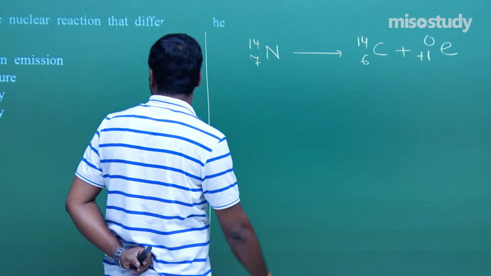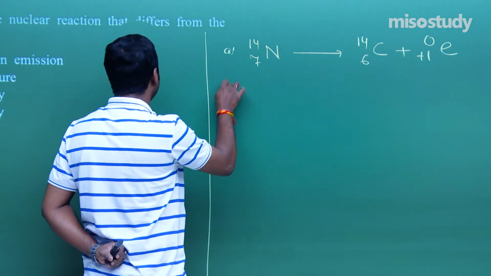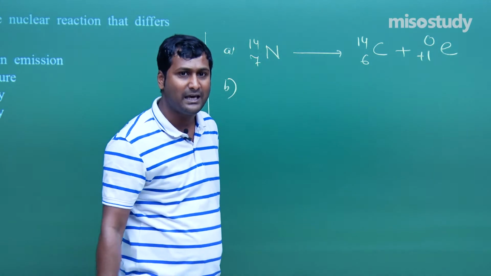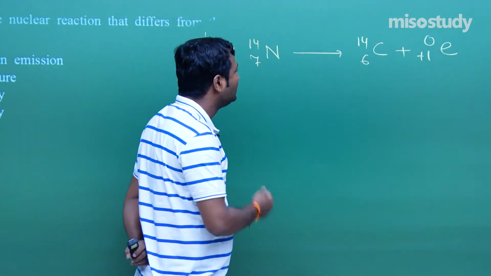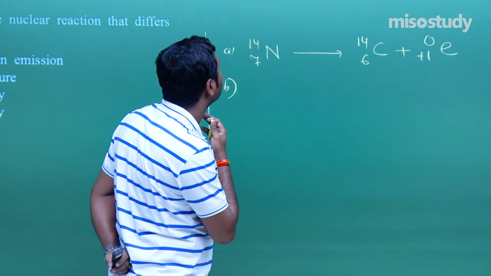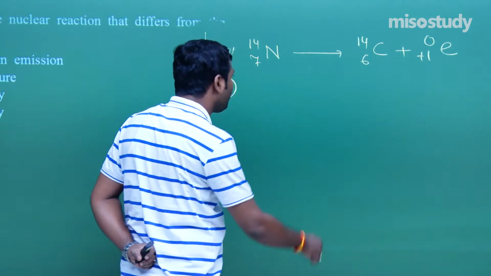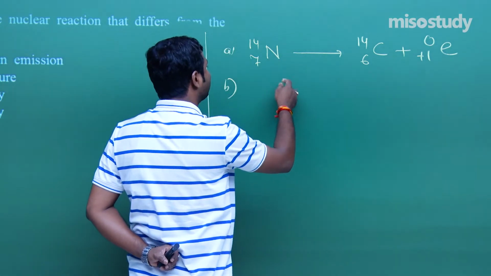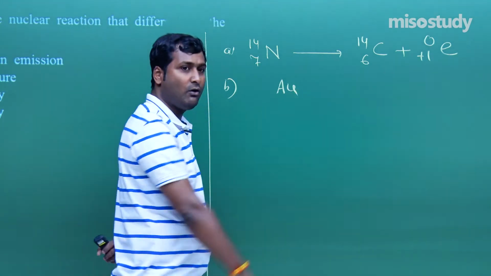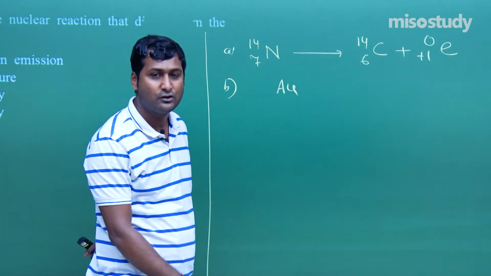Now look at the next reaction. What is given here? That is the K capture. What is K capture? I am giving another example. We have lots of examples. Au, we know, is gold. Old is gold, we people know.